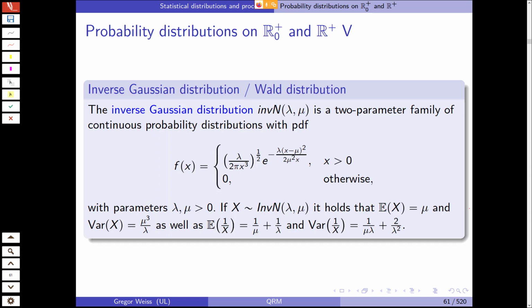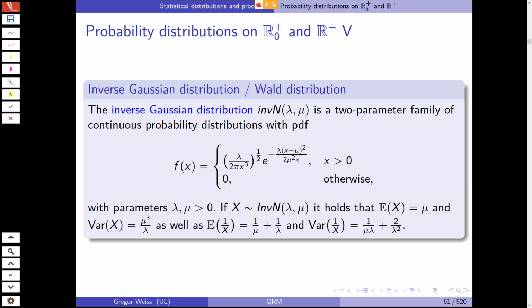Next one is the inverse Gaussian distribution, or the so-called Wald distribution. It is denoted by inverse normal of lambda and mu. It's a 2-parameter family. It is also continuous for positive real numbers. It looks pretty much like a normal distribution, but it is slightly different from the standard normal distribution.